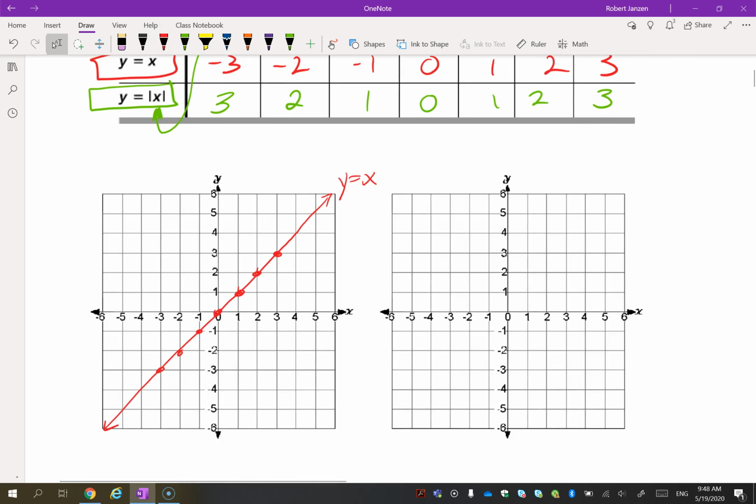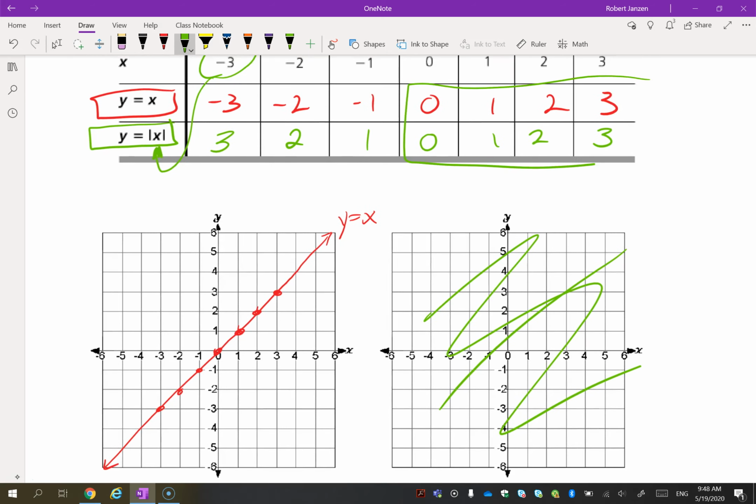So instead of drawing the graph over here, I'm going to put it on the same graph. You can see here these values are the same. So here these values haven't changed. But these ones, what was negative, and when I say what was negative, I mean the y values are negative. So for example here the y value is negative 3.